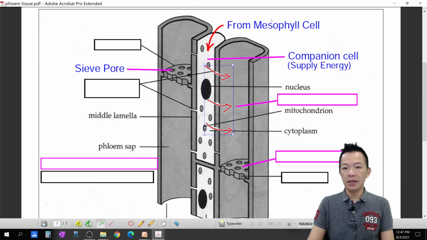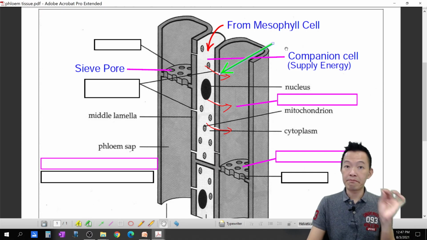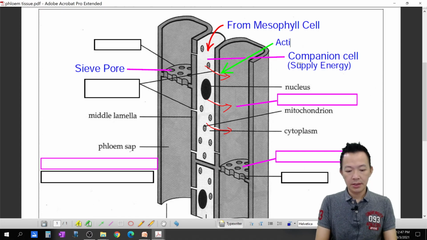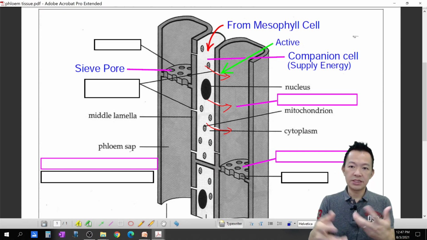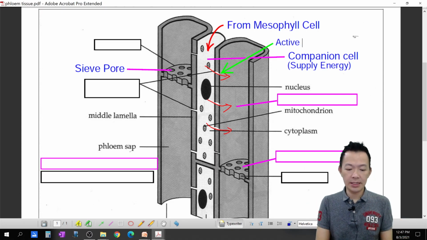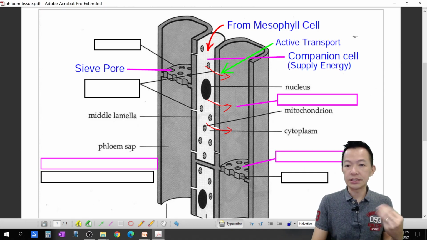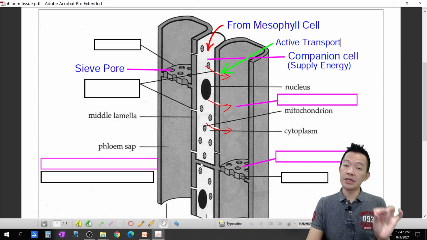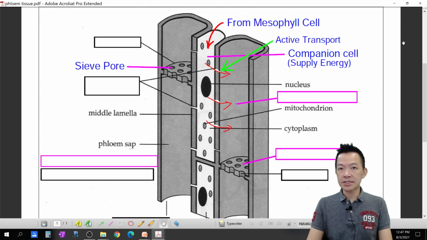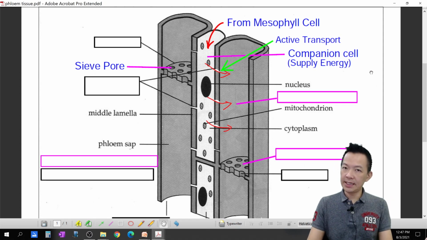You can label here the process called active transport. Active transport moves the food into the sieve tube. Because after this, we are going to talk about the adaptations. The companion cell contains the ATP that supplies the energy for the active transport of the organic substances into the sieve tube.